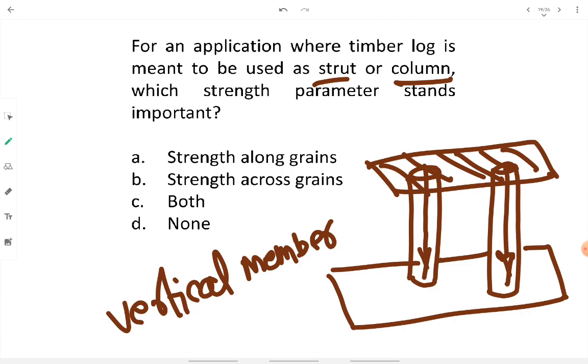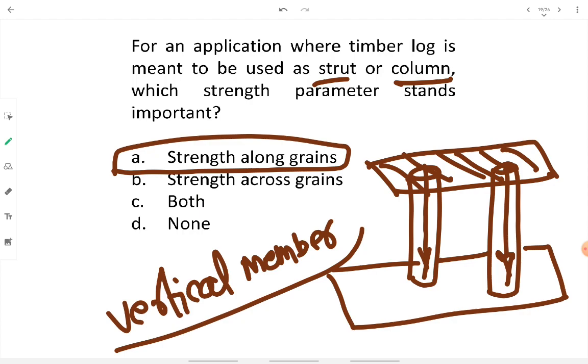And we just saw that the compressive load is taken by the timber when it is loaded along a direction parallel to the grain orientation. That's why the strength along the grain stands important when you intend to use the timber log or wood as a strut, column, or vertical member.